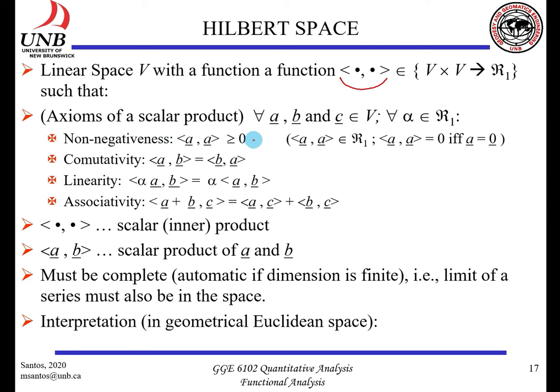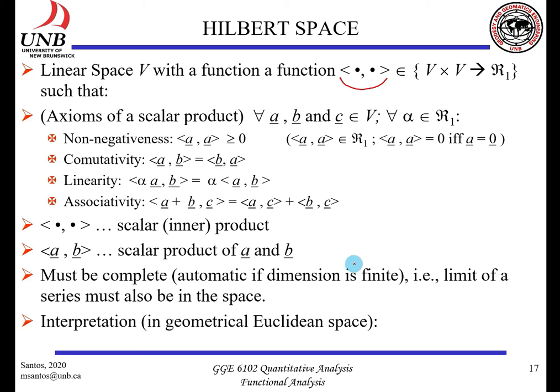We have the non-negativeness, so the scalar product is going to be either 0 or greater than 0, the commutative, linearity, and the associativity. It must be complete, automatic if the dimension is finite, which means the limit of a series must also be in the space.